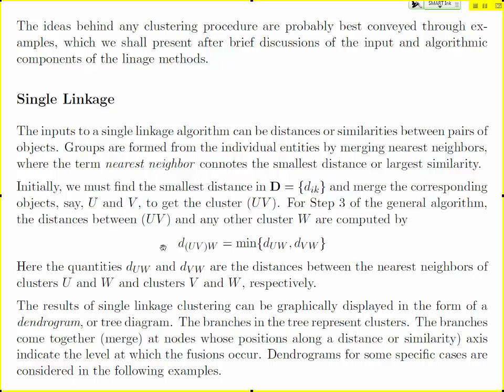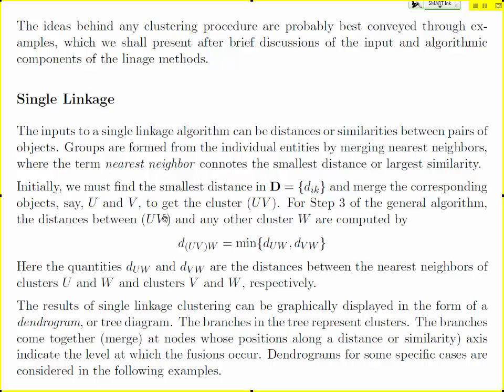Okay. So single linkage is spelled out in more detail here. If we have that cluster UV, and then we consider any other cluster, it might be one individual. Let's say it's one individual. So here we are with everybody still their own cluster except for U and V. They started their own.